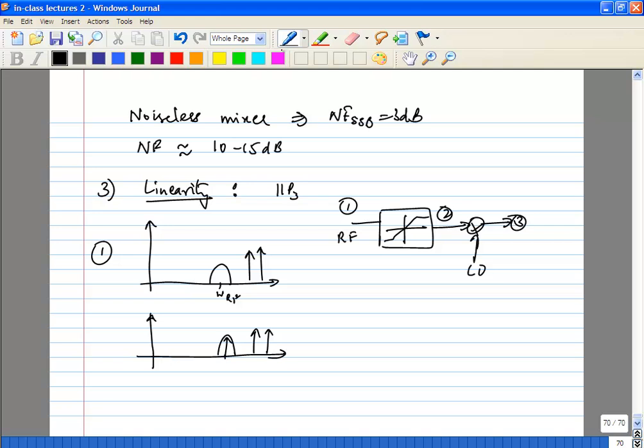You would have the third order intermod product coming in at 2. And of course at 3 the whole thing gets down converted. So you definitely have problems with linearity, as in the case of an LNA.